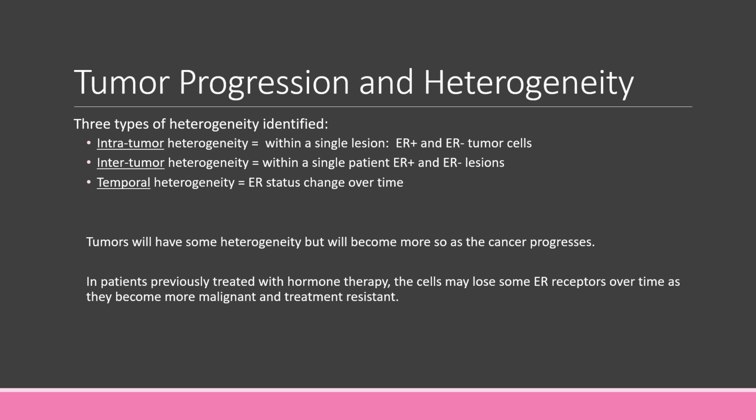Now, again, the best survival is if you are hormone receptor positive and stay hormone receptor positive, followed by if you're ER negative and become positive, or the other way around. However, there is a clear separation between if you start negative and stay negative, and if you start positive and become negative.